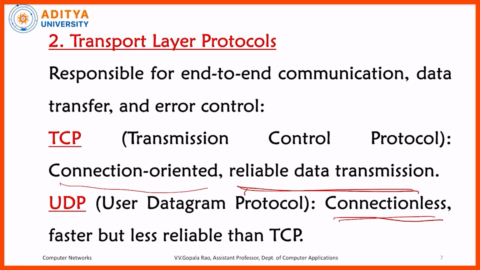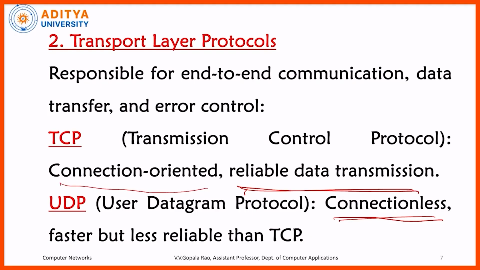Sometimes packets may be lost because of congestion or some network problems. So you can call it connectionless, and moreover it is not reliable, but comparatively it is faster. Why is it faster? Because all packets travel in different routes, so they may reach the destination following different paths without any of the traffic in the network.